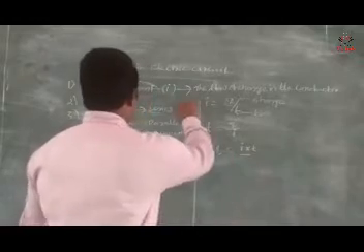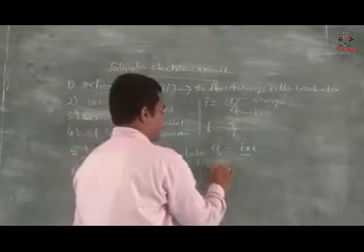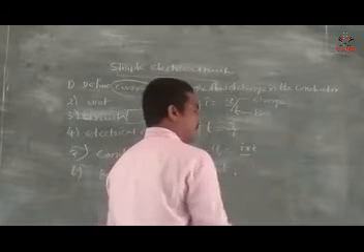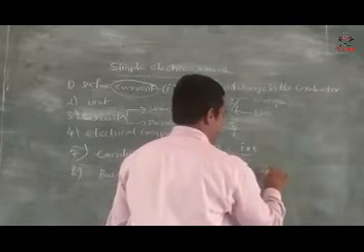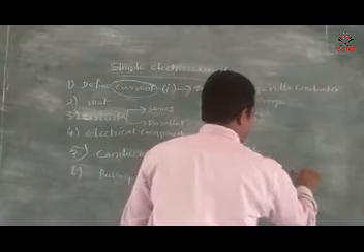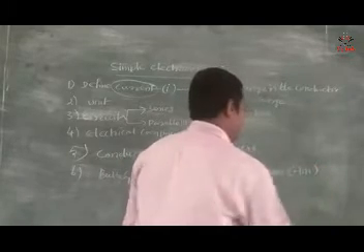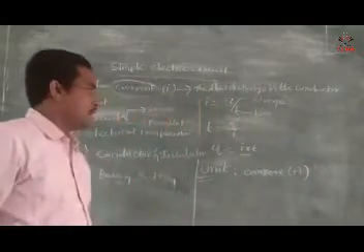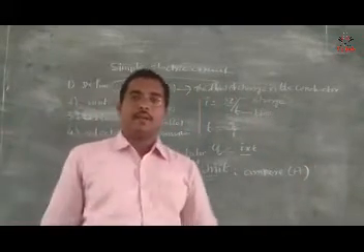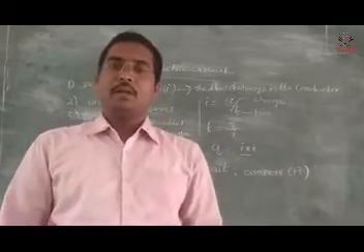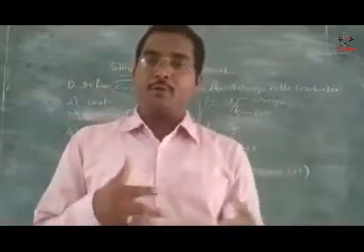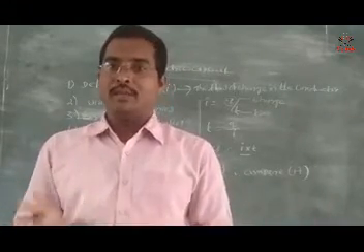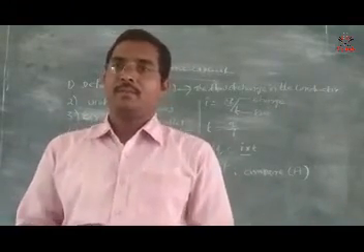Coming to the unit of the current. The standard unit of the current is ampere, and the symbol is A. But how to measure current in a device, or how to find the current flowing in the circuit?